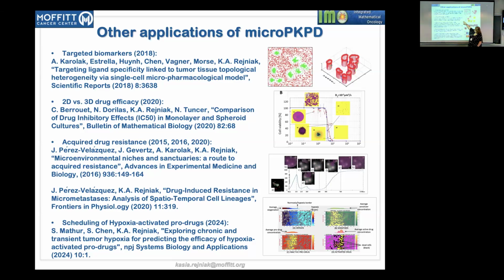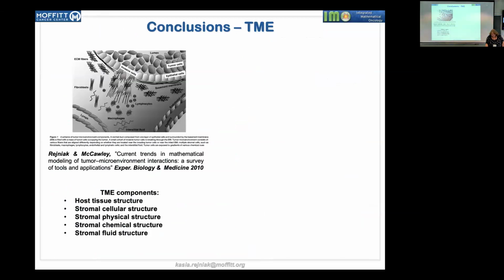We look at the IC50 curves in 2D and 3D experiments, so this will be in vitro. And we also look at other targeted biomarkers. So if any of those is of interest, I'm happy to talk after.